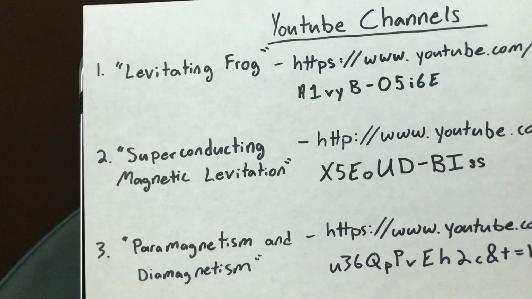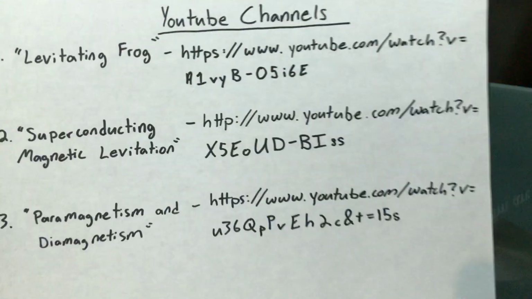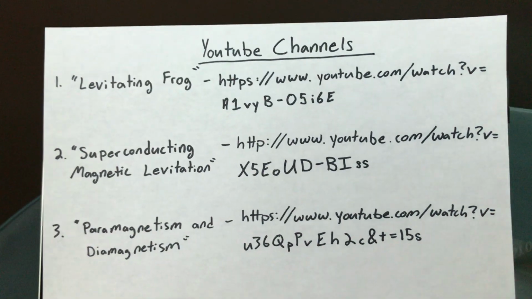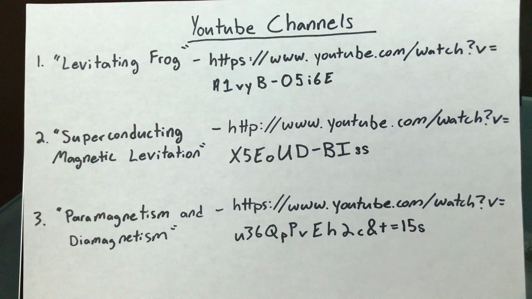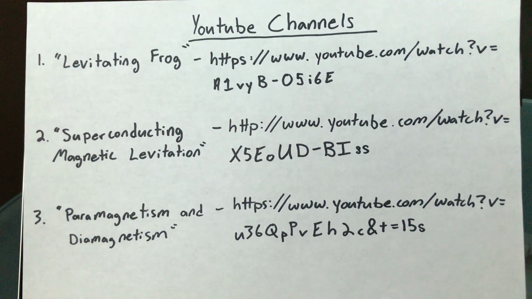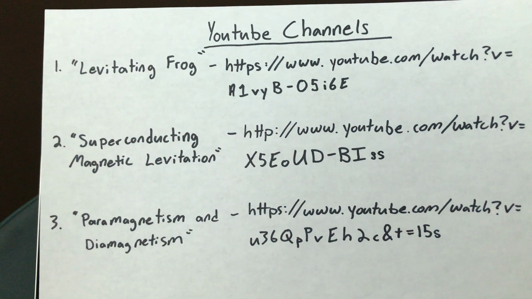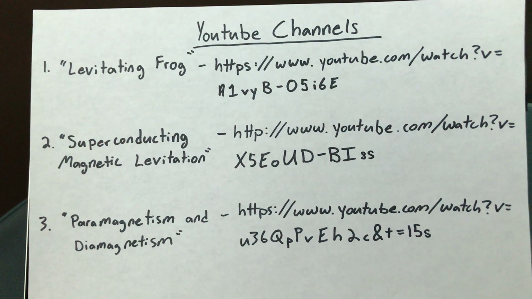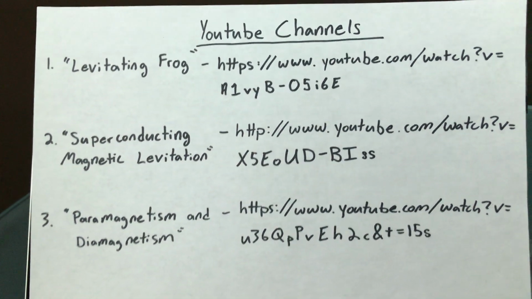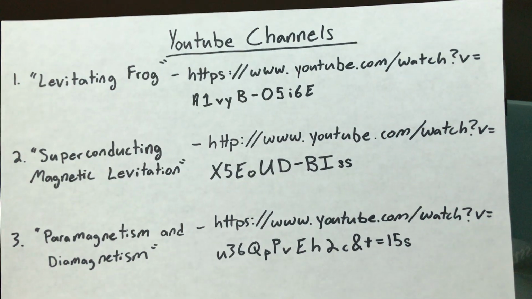Alright, now unfortunately I don't have the resources to show you those demonstrations, liquid oxygen and superconductors, but if you go to these YouTube channels with their URL addresses, you can see examples of those. So we have the title of each video on the left and the URL on the right. If you want to see a frog levitate using diamagnetism, just go to that first one.